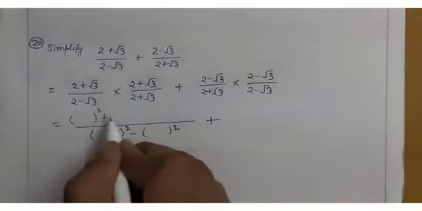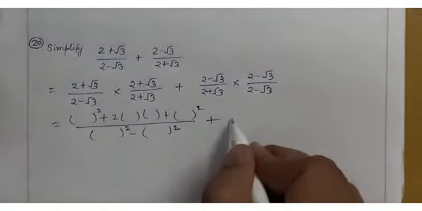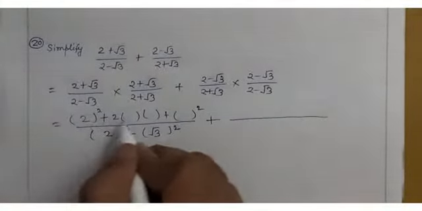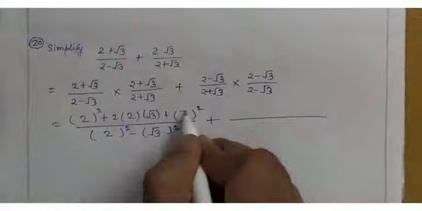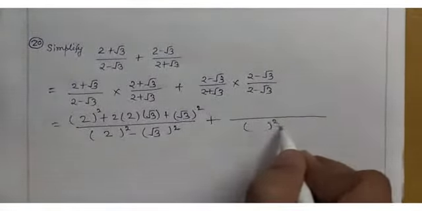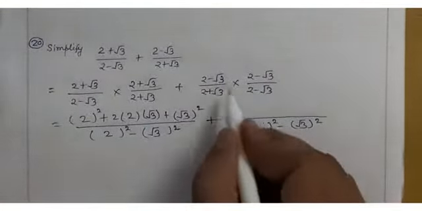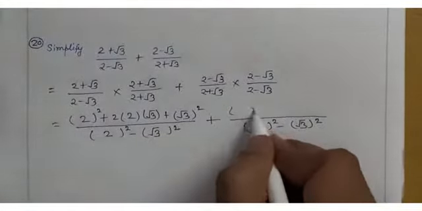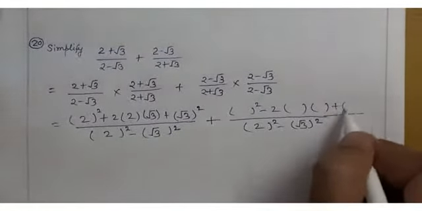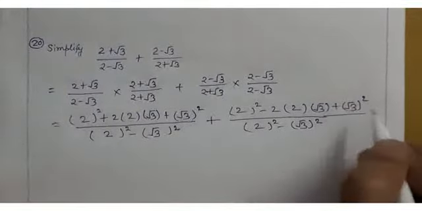This is a plus b whole square, so a square plus 2ab plus b square. So 2 and here root 3, 2 root 3. Here again a square minus b square. This is now a minus b whole square, so a square minus 2ab plus b square, so 2 root 3.